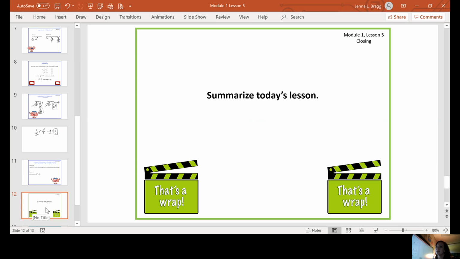So if we summarize today's lesson, negative exponents are transferred to a fraction.